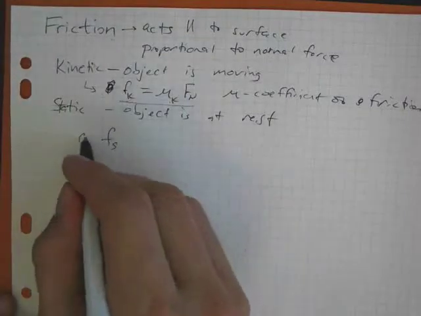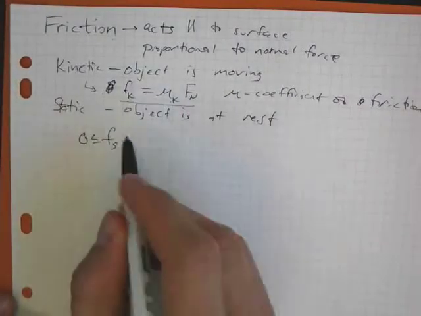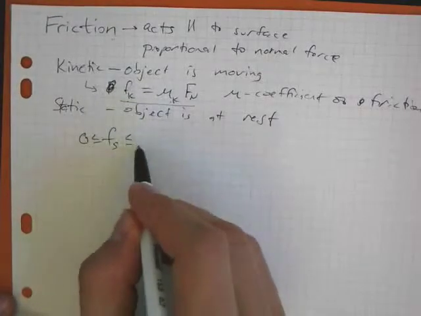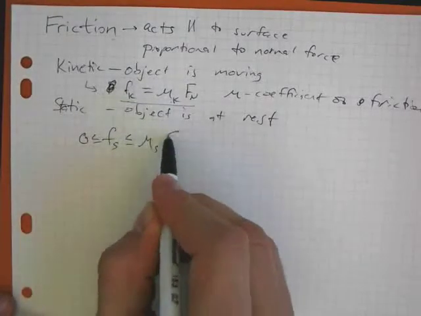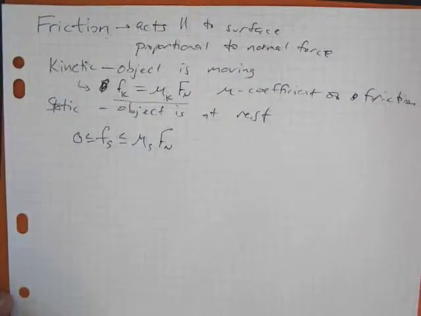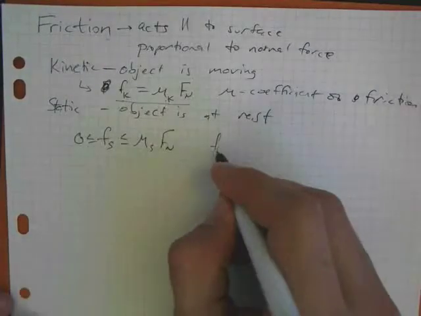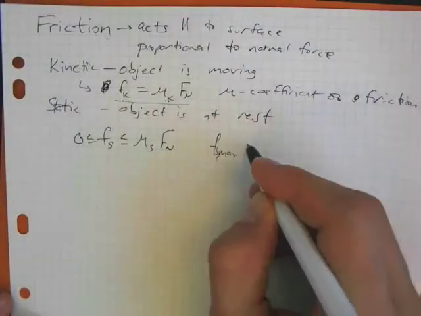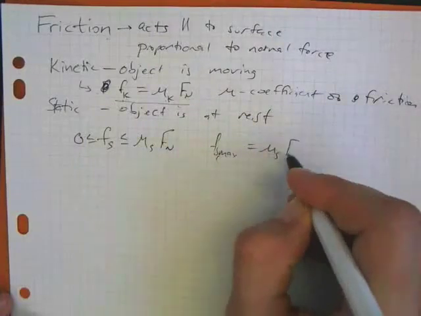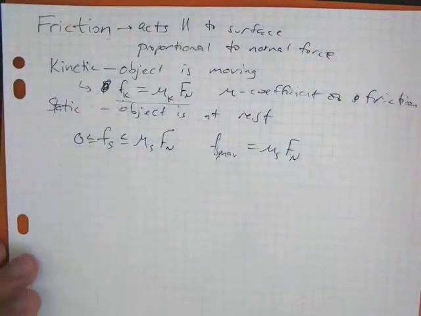So static frictional force is greater than or equal to 0, and less than or equal to the coefficient of static friction times normal force. Okay, so the maximum value of static frictional force is mu sub s times normal force.